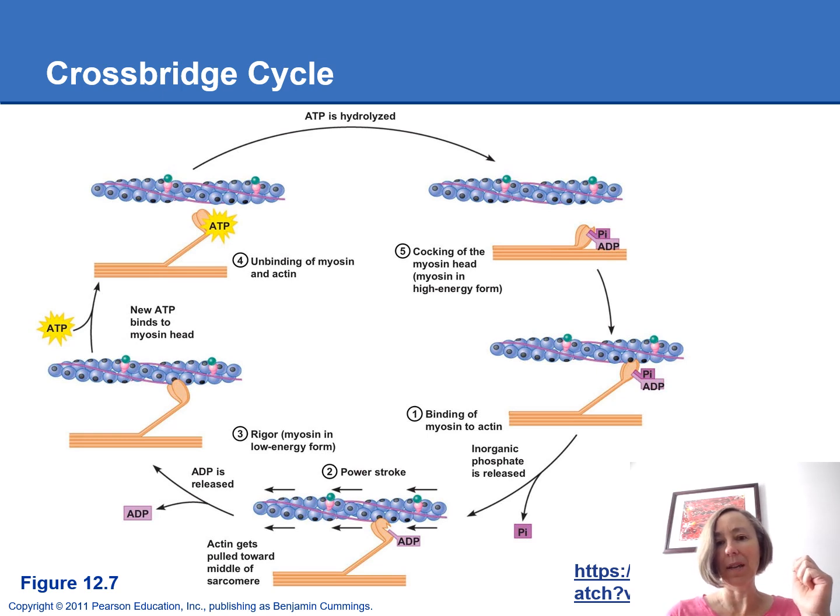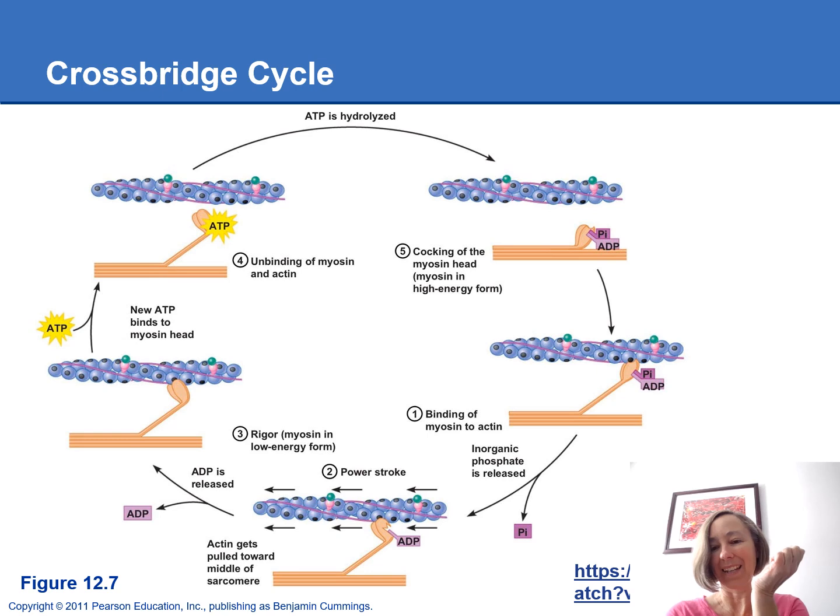Okay, so they've already taken the ATP, and you can see that they've chopped off one of the phosphate groups. Okay, and they're still bound there. They haven't let go of that yet. And it's kind of like you've taken the slingshot and you've pulled it back. Okay, so they've cocked the myosin head back, and it's just sitting there waiting.